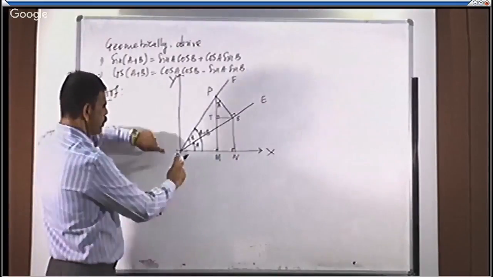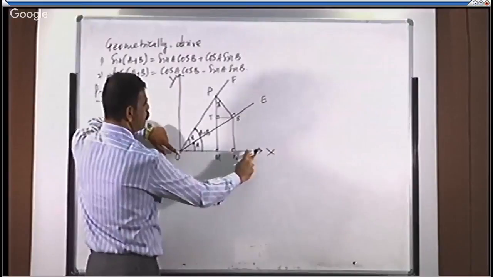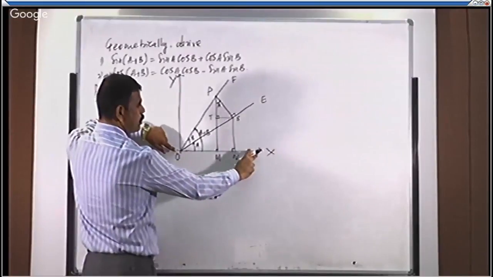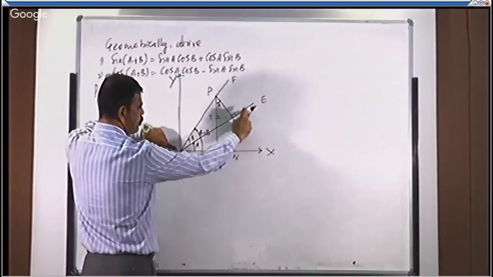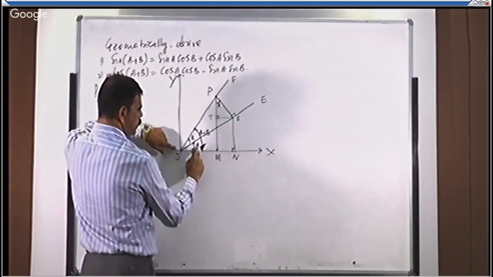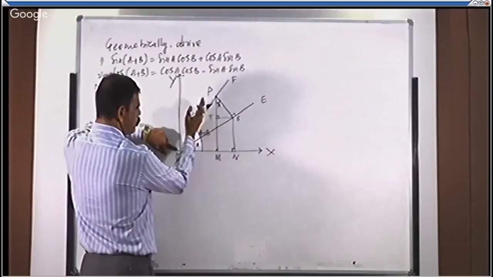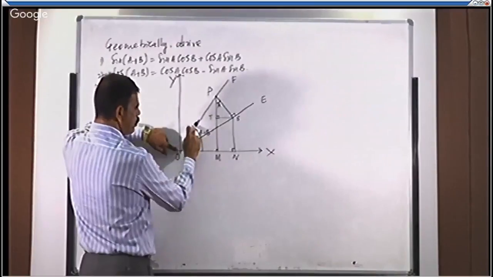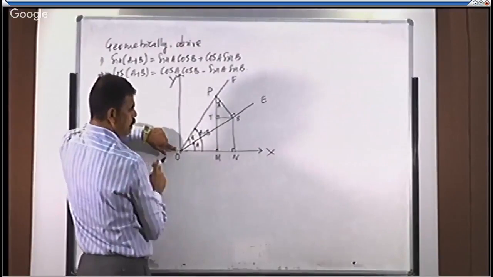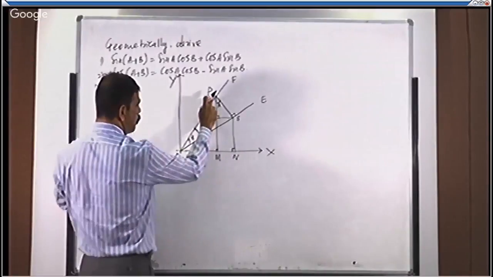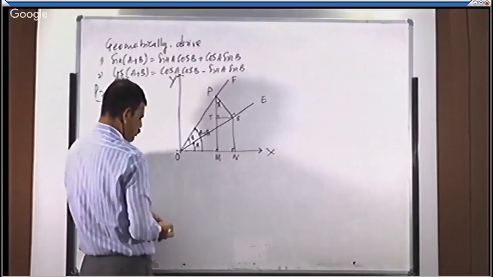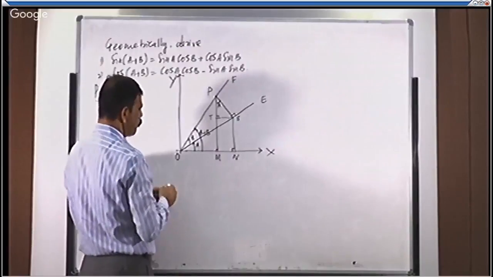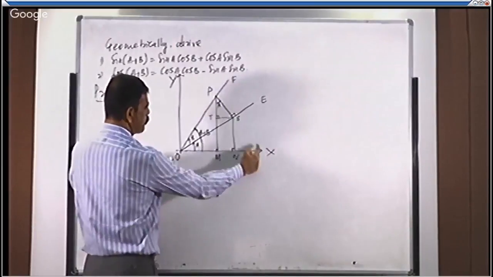Observe it. Consider a line of vector which is rotating from the x-axis. It covers an angle A. This is angle A, and further it rotates to make an angle B. The total angle will be A plus B. Take a point on OF and draw a perpendicular to the x-axis. PM is perpendicular to the x-axis.